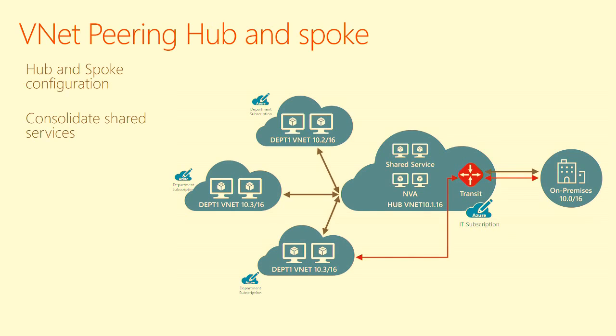These can now be grouped into the central hub virtual network. And yet, you can let the departmental VNets or application VNets peer with the central hub virtual network and essentially use it as a virtual DMZ.